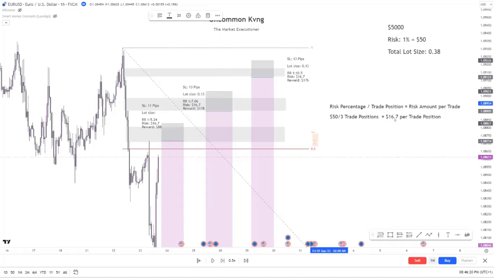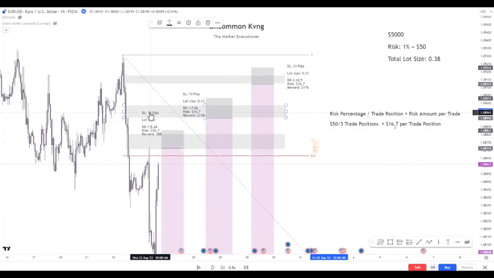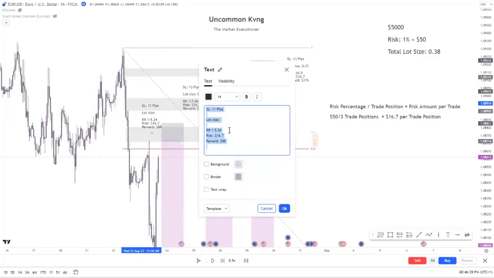All right, so now this first one we have 11 pips. We have a risk to reward at 1 to 5.24, which is stated here. Okay, at this point in time, it's showing 1 to 6, so I need to correct that. It's showing 1 to 6.08, sorry.